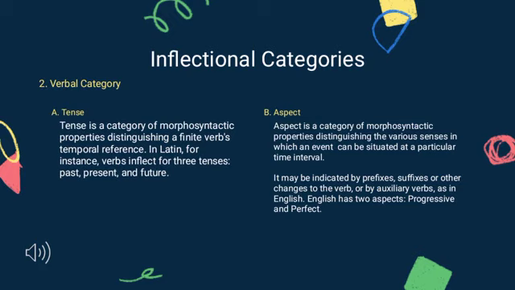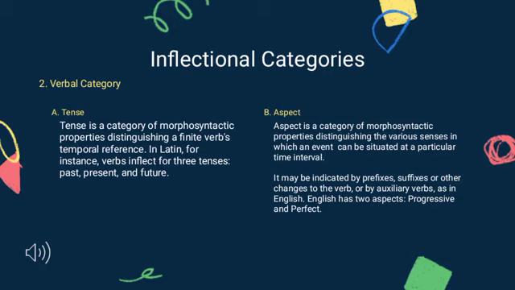In other words, aspect refers to the state of action of a verb and indicates the completion of an event. It may be indicated by prefixes, suffixes like -ing, or other changes to the verb, or by auxiliary verbs like have, will, should, may, and would.